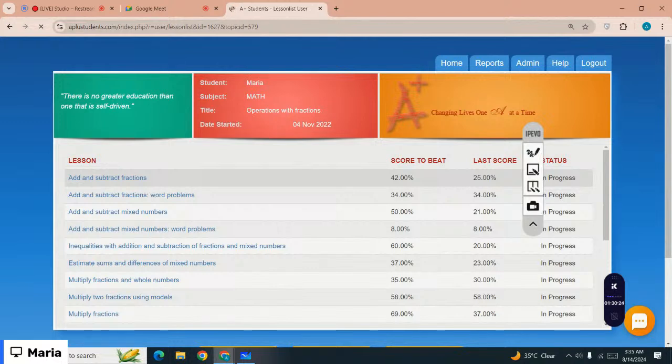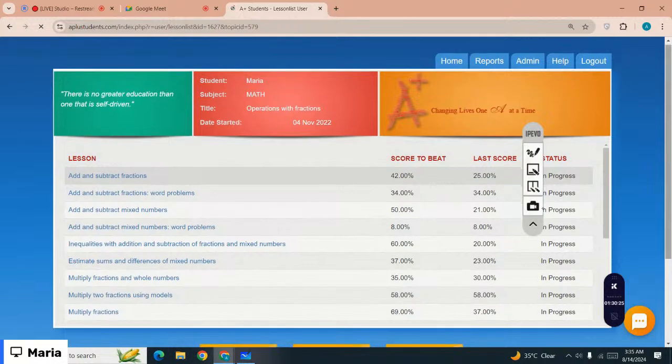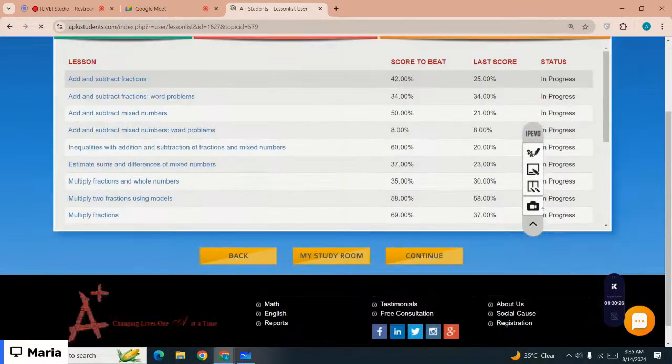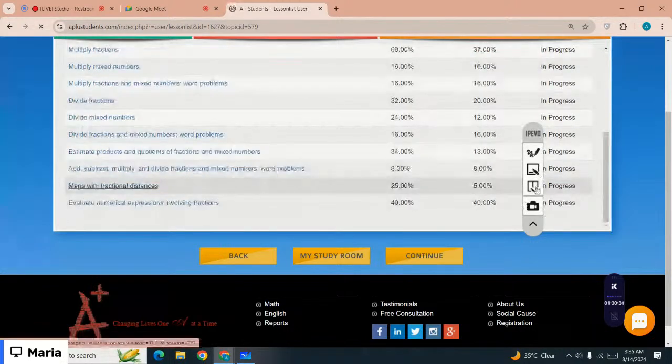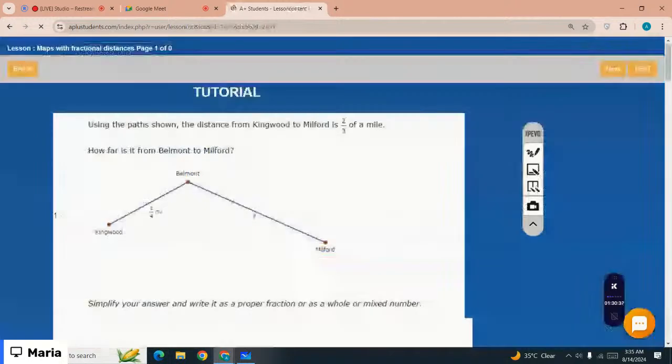I think that's the last lesson from this chapter. We are done with the word problems; now you have to do maps with fractional distances. Let's just start with the lesson.